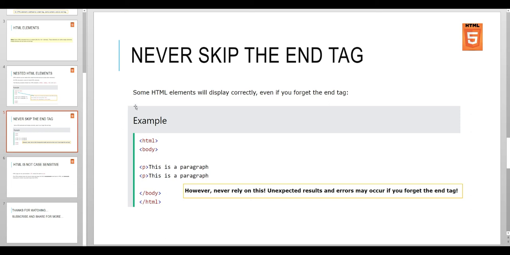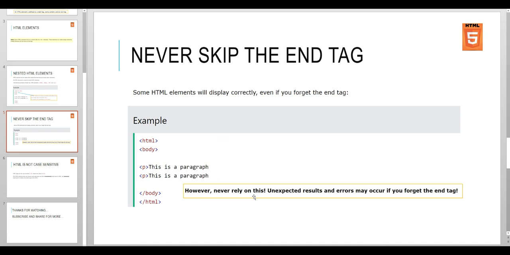This is quite important. Some HTML elements will display correctly even if you forget to end the tag. For example, here, this is a paragraph, the p tag is here, and even if you don't put the end tag here, it will still work, but this is not good practice. So never rely on this.